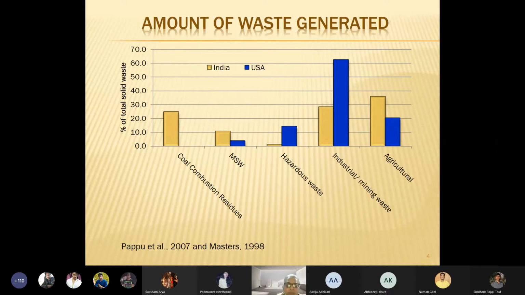The second reason is that we are not really focusing on hazardous waste in terms of quantification and so on. I think there may be issues of quantification. So that may be the reason why it's such a small chunk of the entire waste.